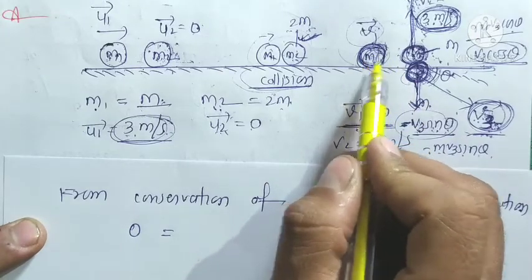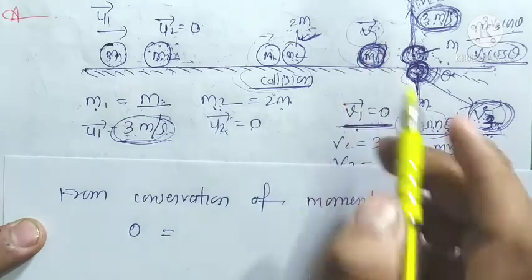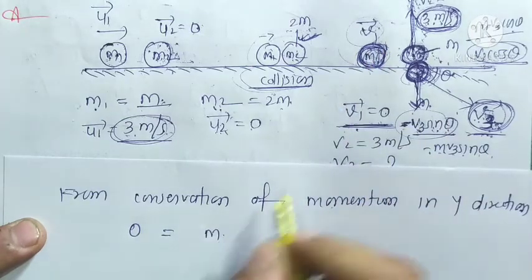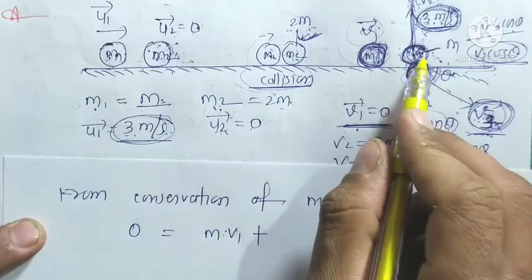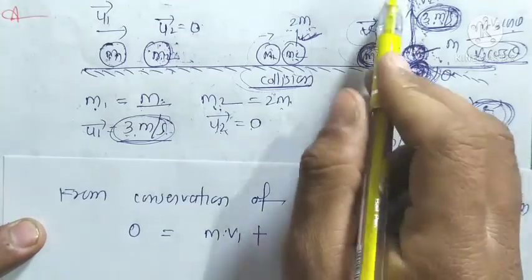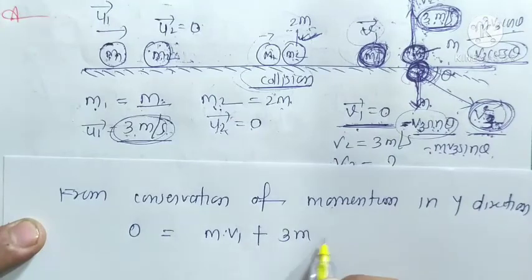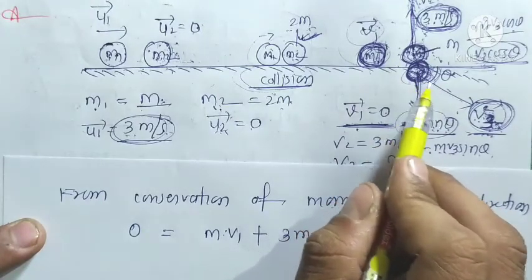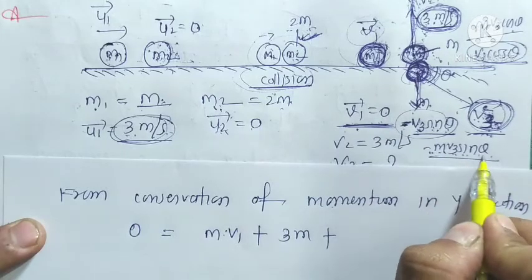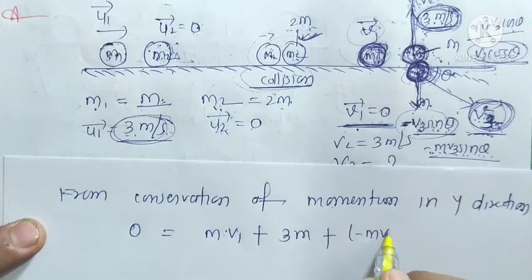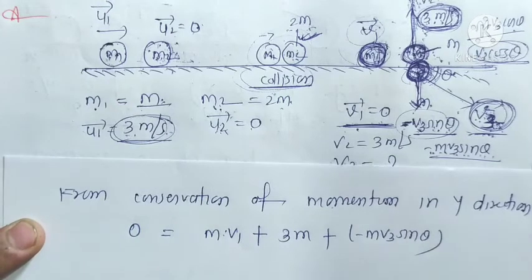The first body is at rest, so we write m and v1, which is already 0, plus the momentum of the second body, 3m, and the momentum of this body is minus m v3 sin theta.